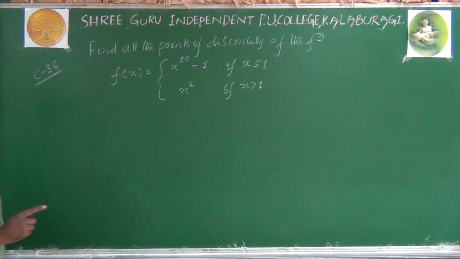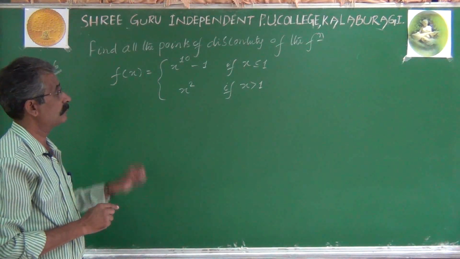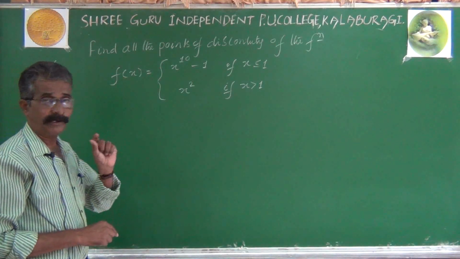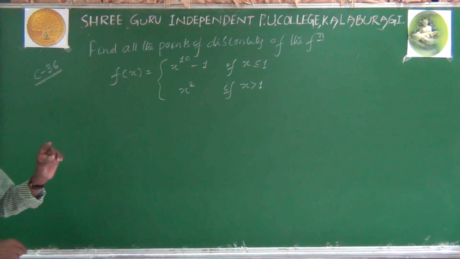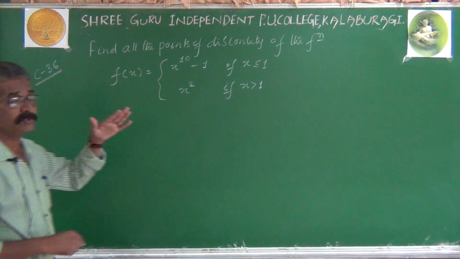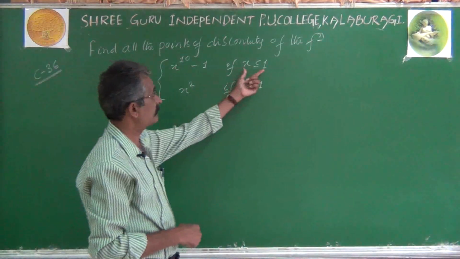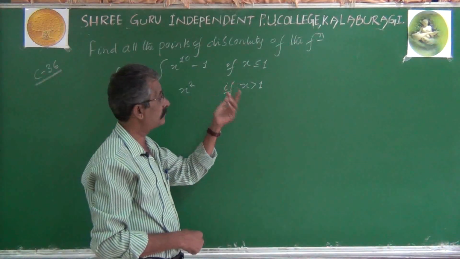The question has already been explained in a better manner. The question is not to discuss continuity at a specified point. The question is to get all the possible points of discontinuity. That means for x less than or equal to 1, the function may be continuous or discontinuous.